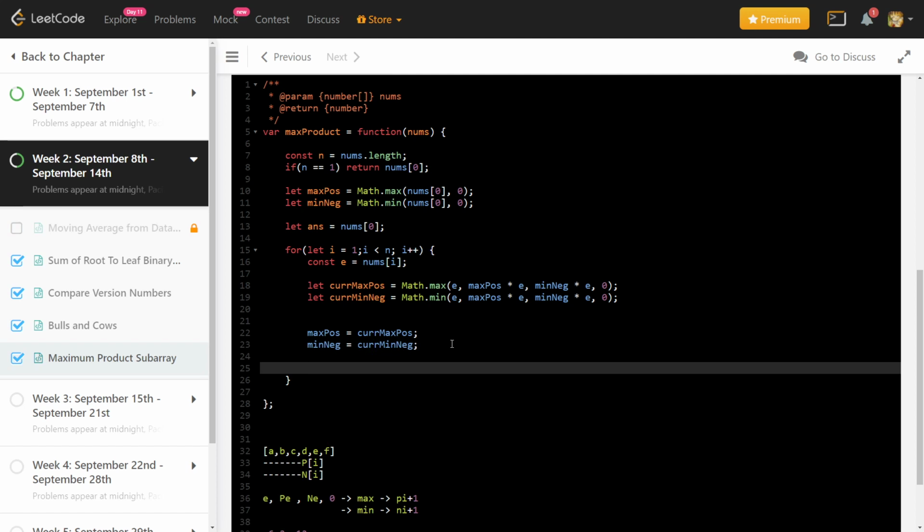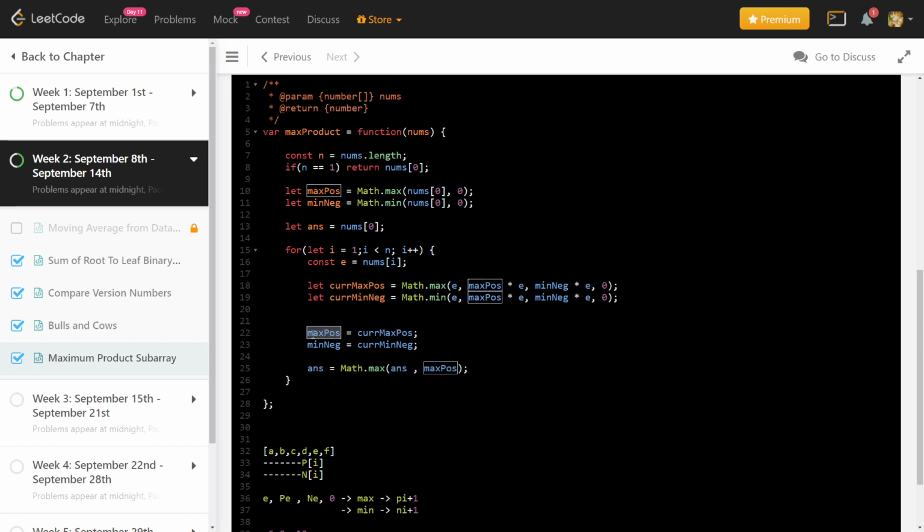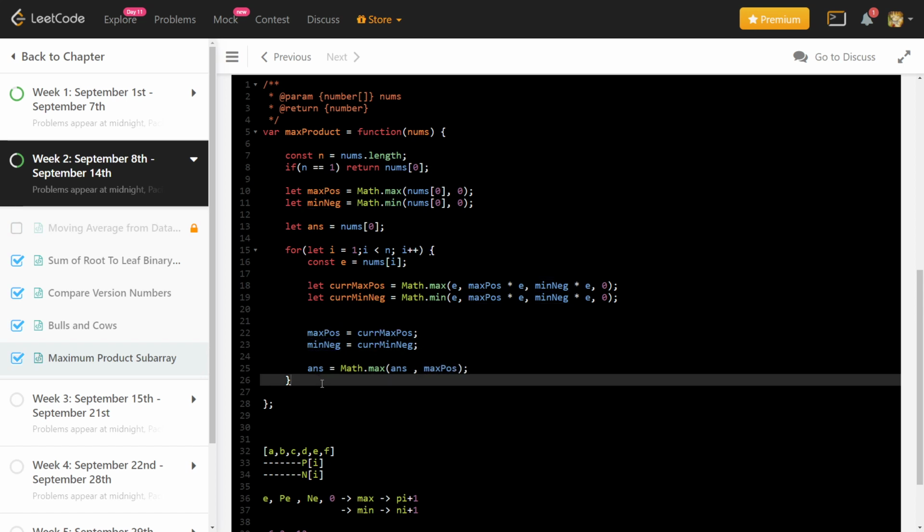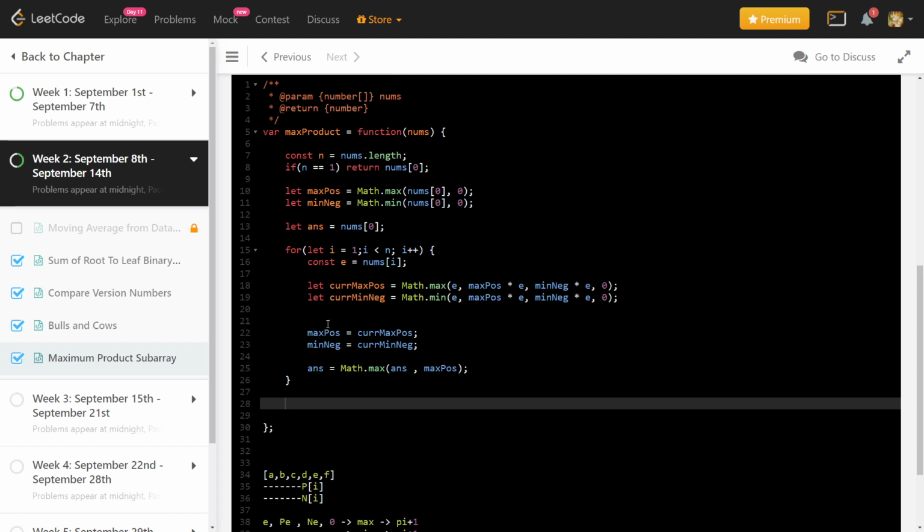And what will the answer be? Like last time, it will be Math.max of answer and max pos. Oh, I think it should only be max pos. Let me try this. I'm not sure, but what I guess is that at any point max pos can only be the answer and min neg will never be the answer. Otherwise we need to take the maximum of these two and then compare it with answer.